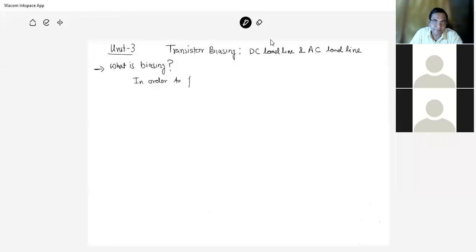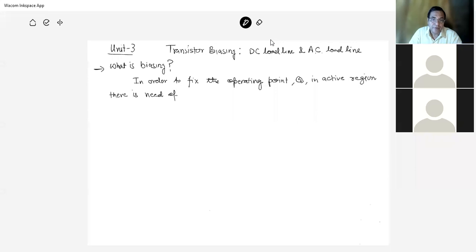In order to fix the operating point Q in active region, there is need of specific value of component, specific value of component.